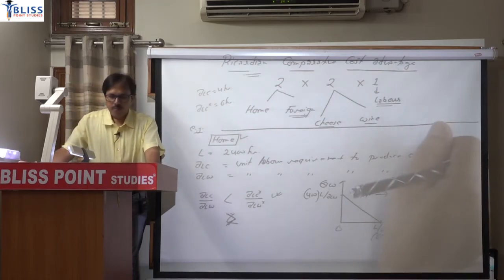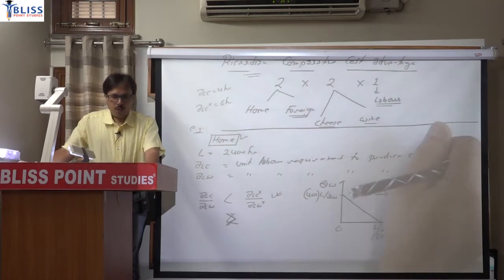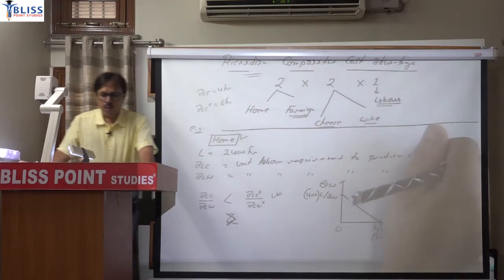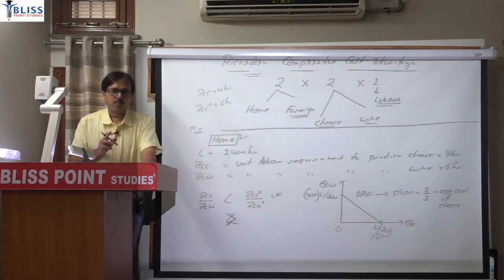if opportunity cost of producing that good in terms of other good, because opportunity cost is always explained in terms of the other good that you sacrifice, is lower in that country as compared to the other country.